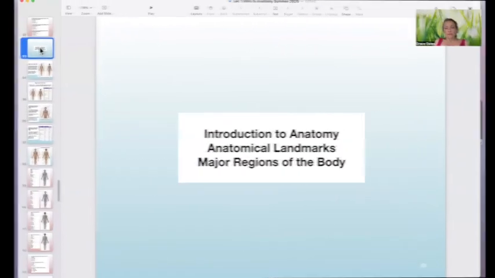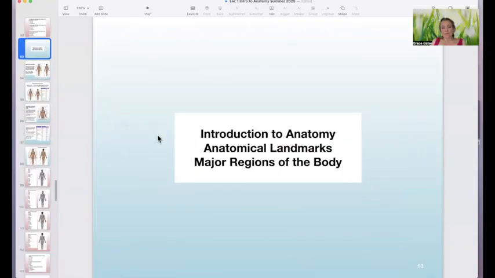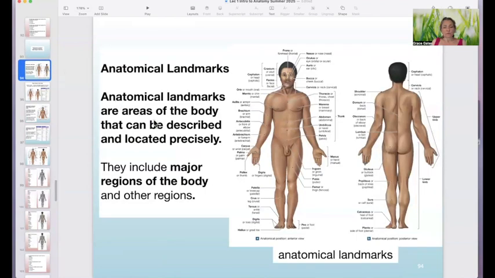Okay, introduction to anatomy, anatomical landmarks and major regions of the body. So anatomical landmarks are areas of the body that can be described and located precisely, and they include major regions of the body and also other regions.